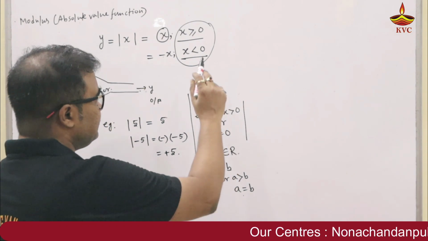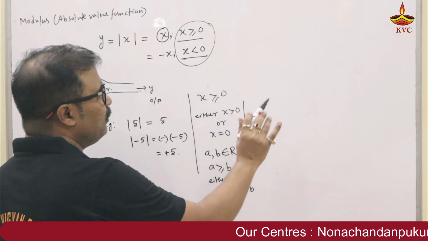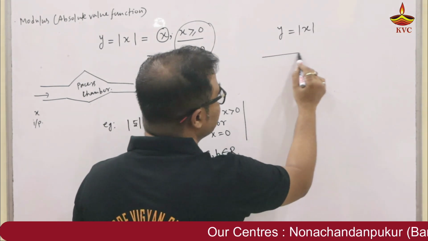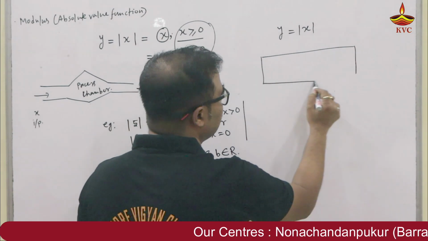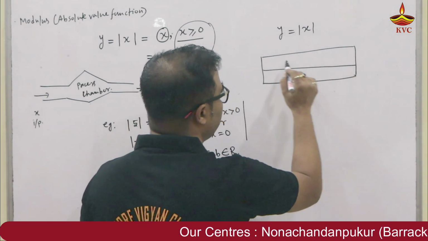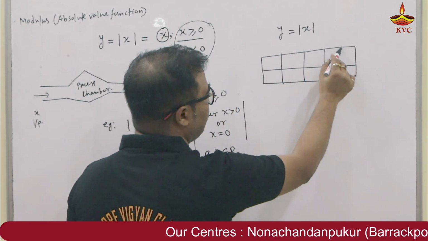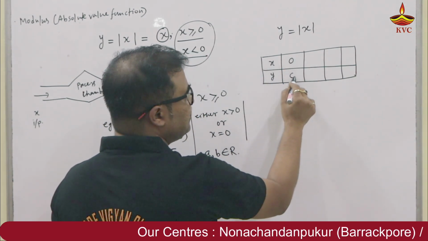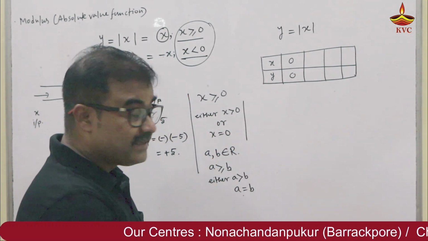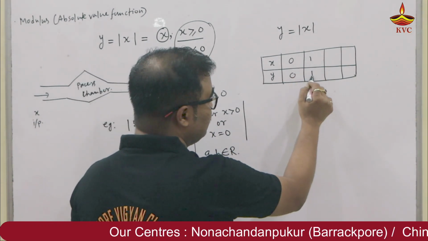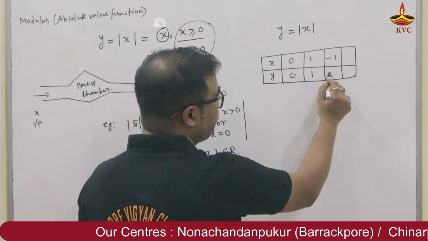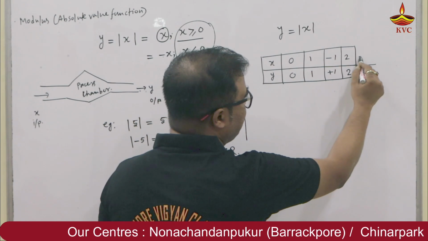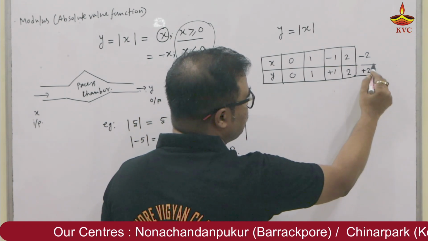Now let's deal with it graphically, a pure graph, y equals mod x. So let's have a page over here. If x is 0, y is 0. If x is 1, y is 1. If x is minus 1, y is plus 1. If x is 2, y is 2. If x is minus 2, y is plus 2. That's how it goes.